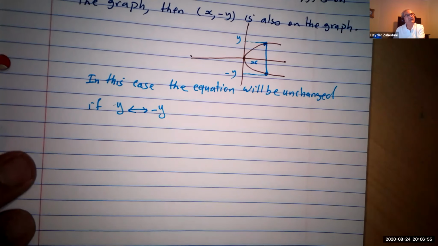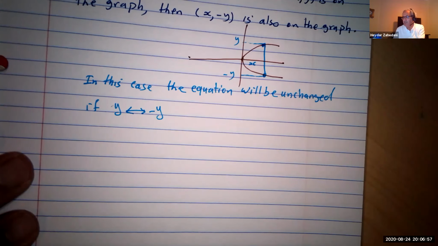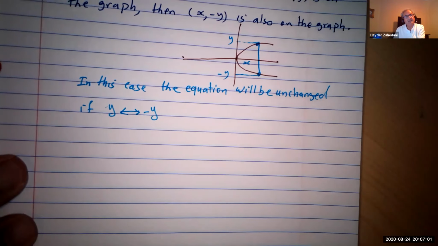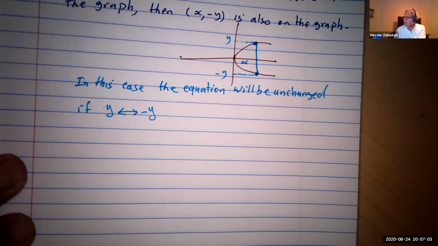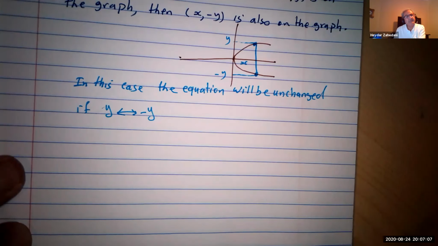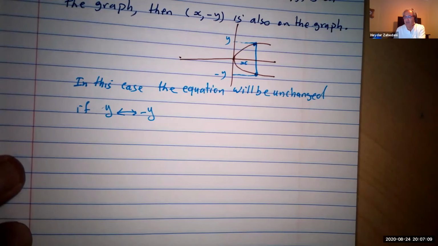If you switch y into the negative y and everything stays the same, you say this graph is going to be symmetric with respect to the x-axis. Any question? That's the first part. It's very easy to identify. We'll give you a shortcut in a minute.